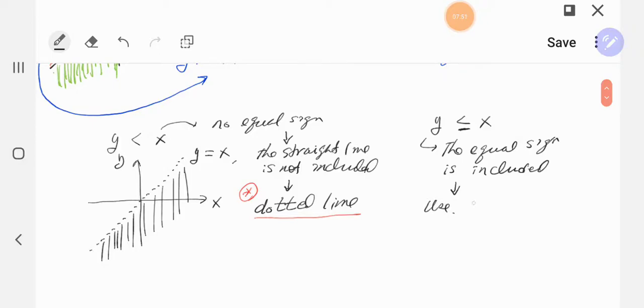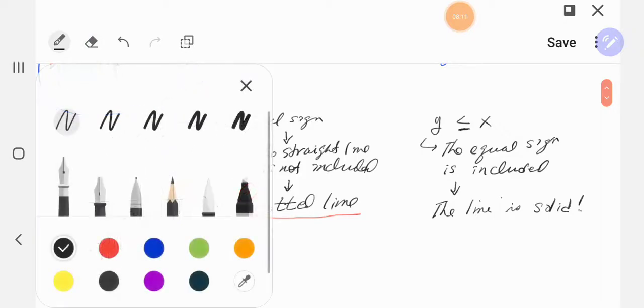Use a solid line. You say solid line. Okay, the line is solid. Very important.